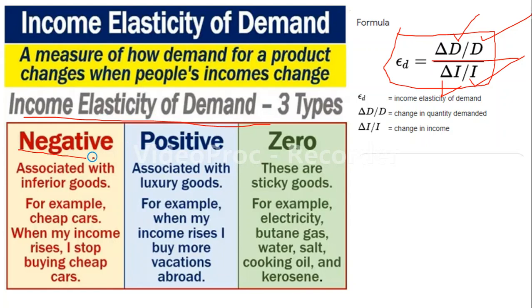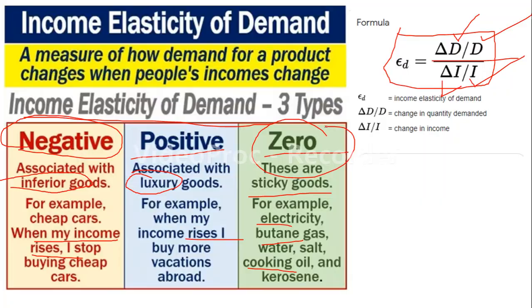One is negative income elasticity. This is associated with inferior goods. Here when income increases, demand decreases. In case of positive elasticity, it is associated with luxurious goods. Here when income rises, demand also rises. Then zero income elasticity of demand. These are sticky goods such as electricity, gas, water, salt, cooking oil, etc. Price may increase or decrease, but the quantity demanded remains the same.